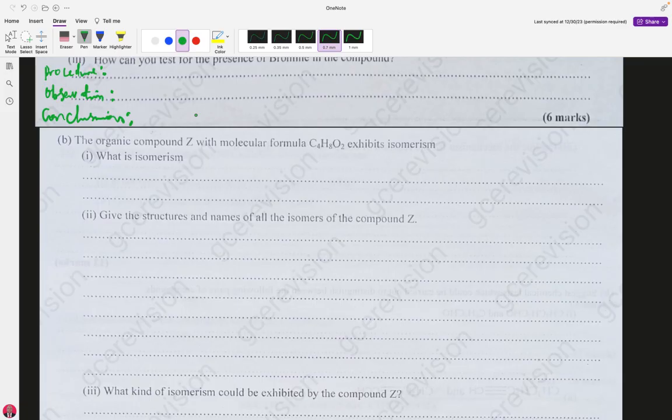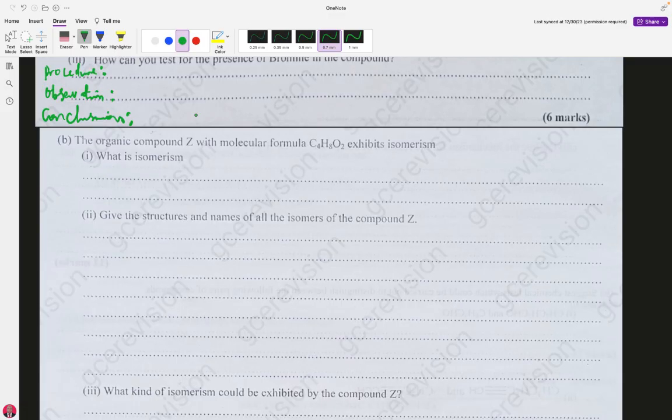Always remember your test for halides, because if it was chlorobutane, you will mention the same thing, but your observation is that a white precipitate is formed, and your conclusion should be that the presence of a white precipitate indicates the presence of chlorine in the compound.